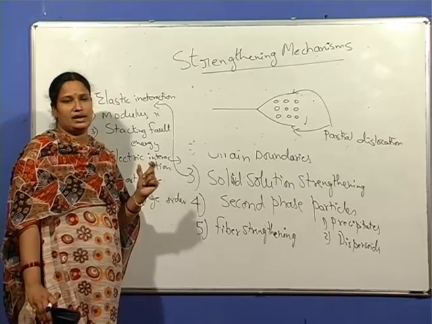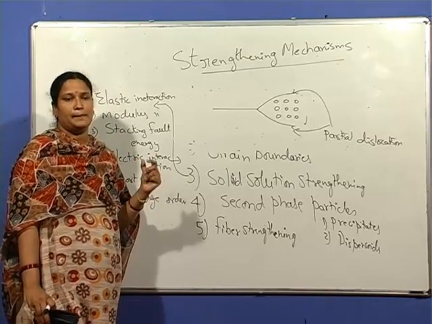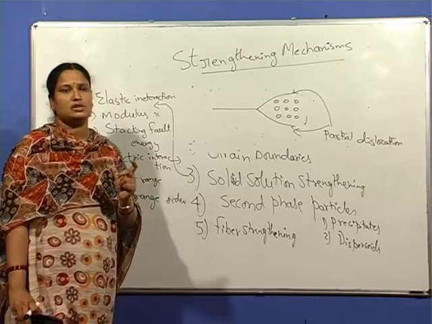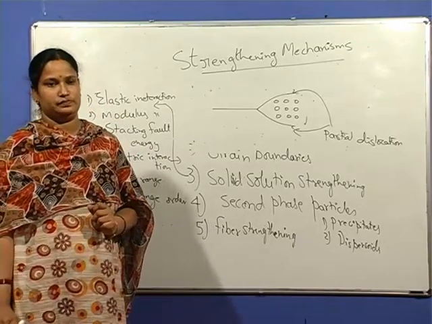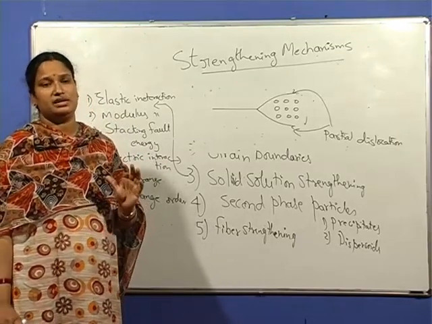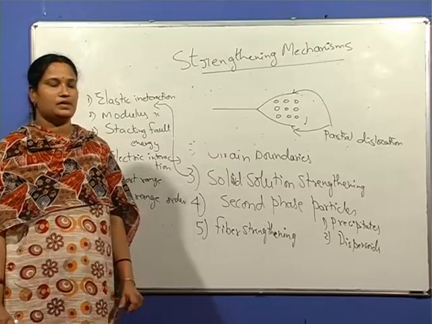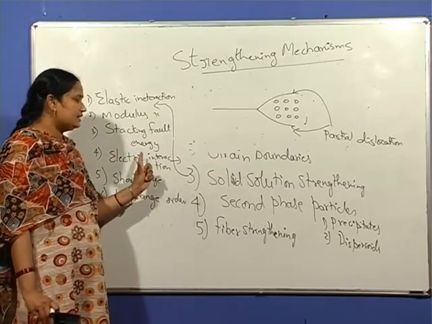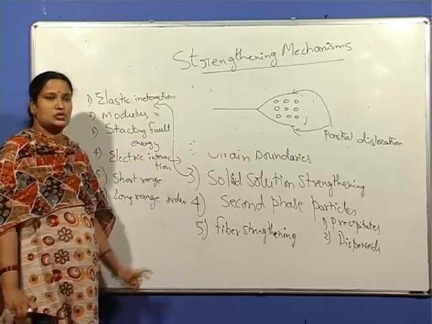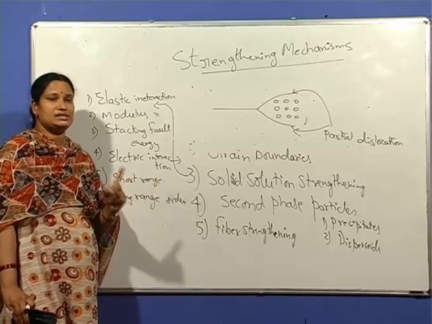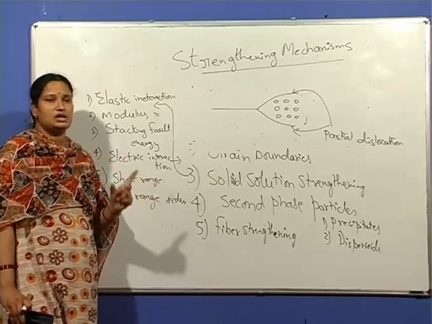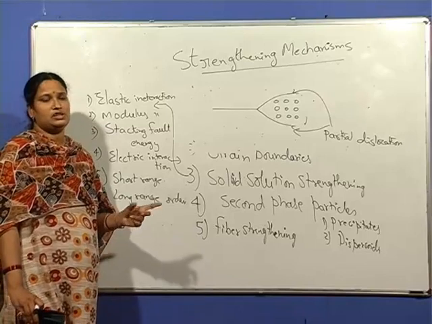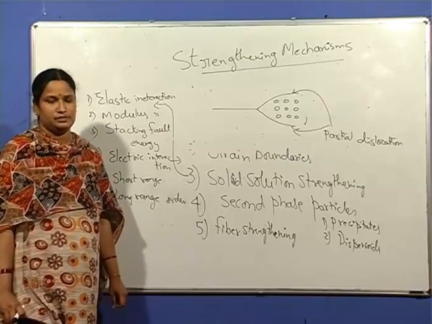These solute atoms interact with the dislocations, which have dipoles, so greater energy is required. So this is about the electric interaction. It comes into the picture only when there is a relatively large valence difference between the solute and the solvent.